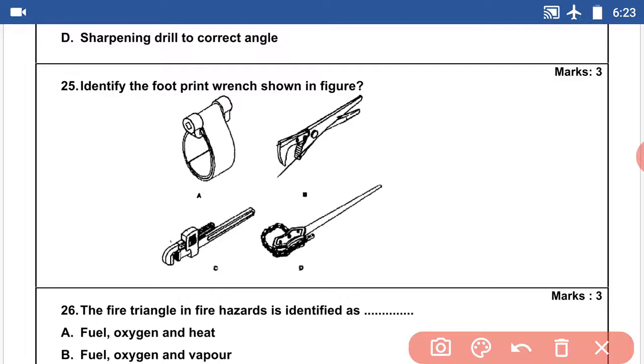Identify the foot print wrench shown in the figure. The answer is option B, the correct image. Question number 26.